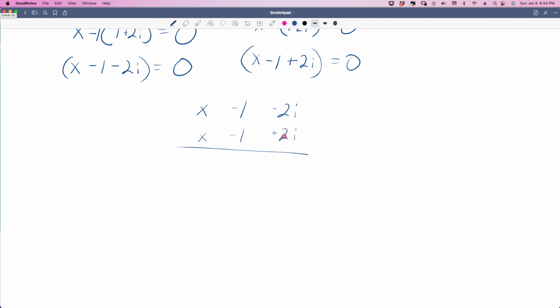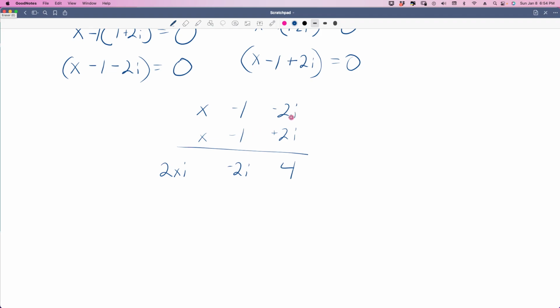So this is going to be negative 4i squared, negative 4, times negative 1 would be a positive 4. All right, this is going to be a negative 2i, and this is going to be a 2xi. All right, now let's move on to negative 1.